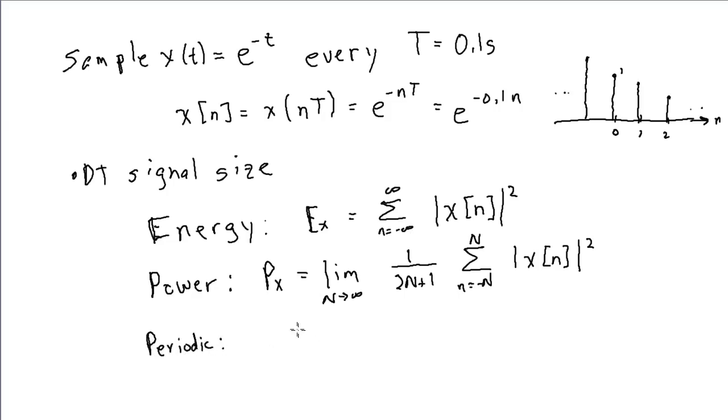For a periodic signal, we can do this averaging operation over only a single period to obtain the power. In that case, we divide by the period, and then we can sum over any period, so any N0 adjacent samples.